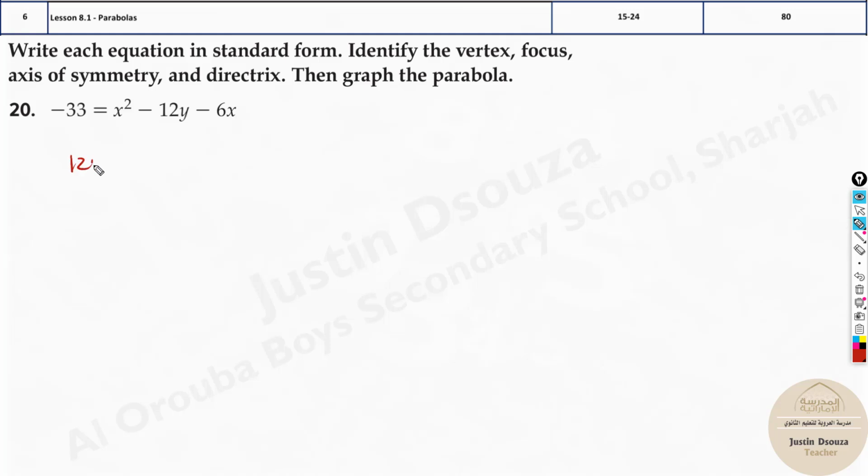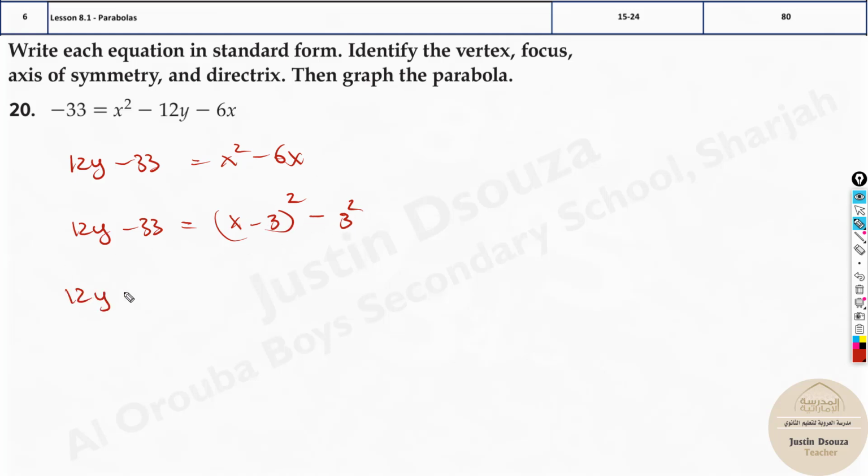It will become positive 12y minus 33 is equal to x squared minus 6x. Then 12y minus 33 is equal to, over here what you do is x minus 3 the whole square minus 9. It's better to write 3 squared only, or you can write 9. So this is it. Now take this to the other side.